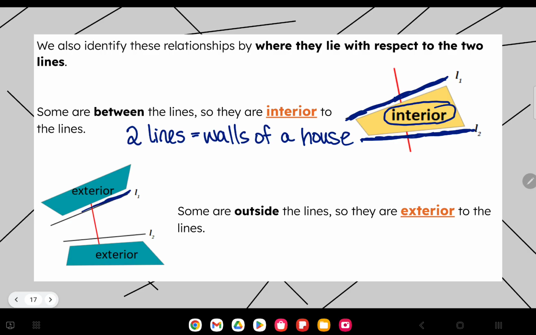But if we have things that are on the outside of the walls of our house, we call that the exterior of the house. So if they're inside the lines, they're interior. If they're outside the lines, they're exterior.